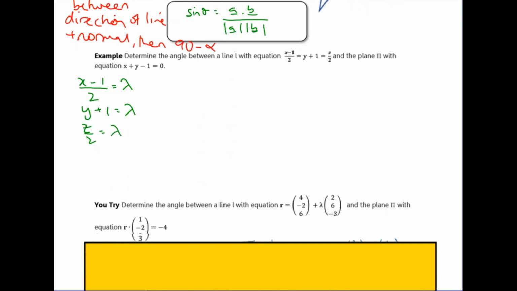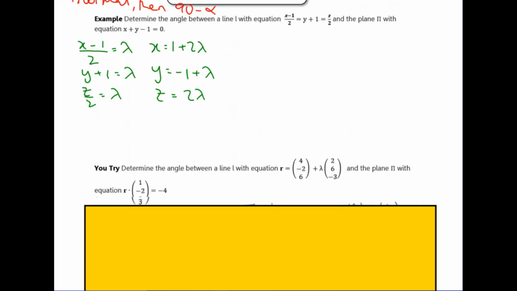So you set each part of the equation of the line equal to lambda. You rearrange to make x, y, and z the subject. So I times it by 2 and add 1 to this one. I just minus the 1 across for y. And just times it by 2 for z.